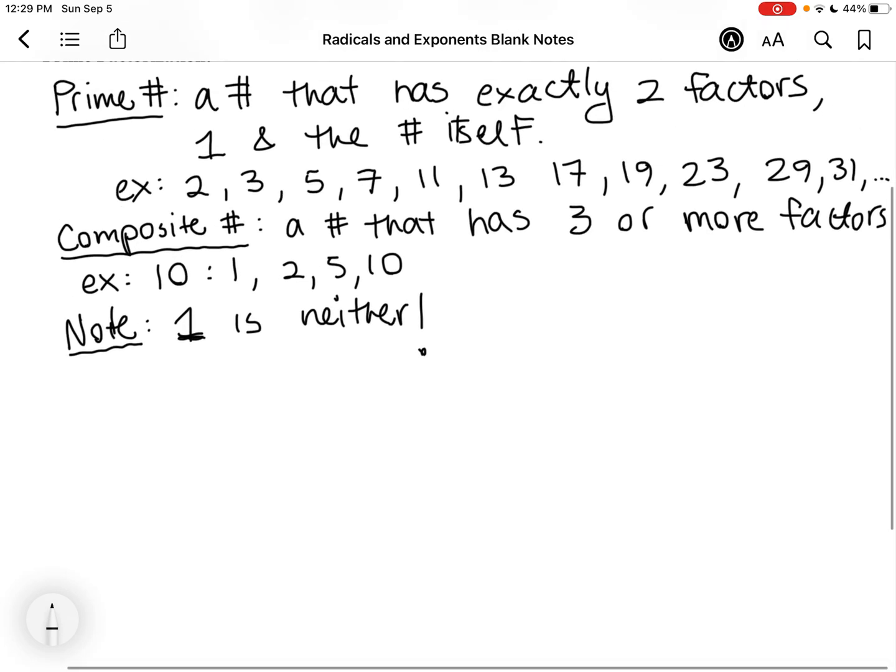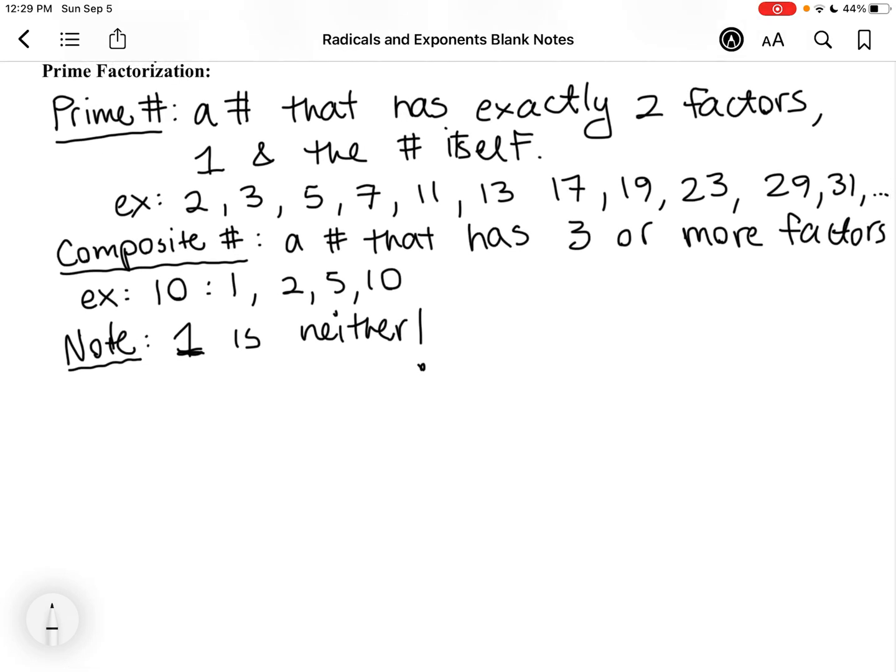Okay, now prime factorization is the process of breaking down a composite number into the product of primes.